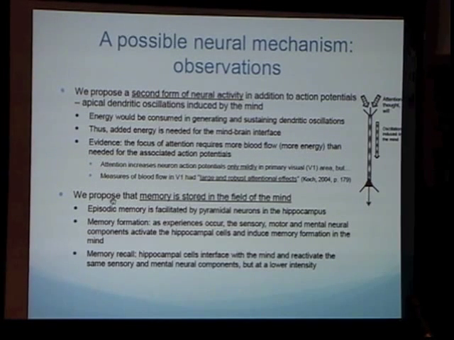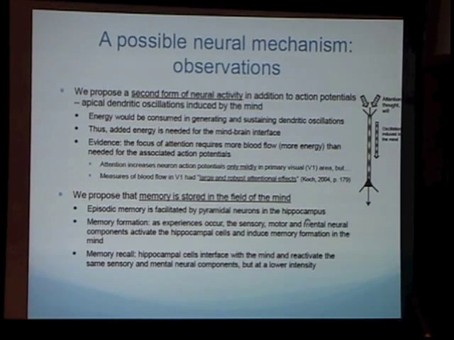So that's supporting evidence. And we also propose that memory is stored in the field of the mind, where episodic memory, what did you have for dinner, and where did you go shopping, and so on. Those are episodes in your experience, and they're stored in the mind. What facilitates this are the pyramidal neurons in the hippocampus.